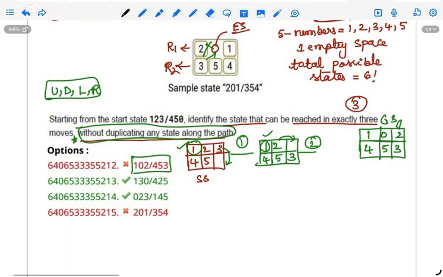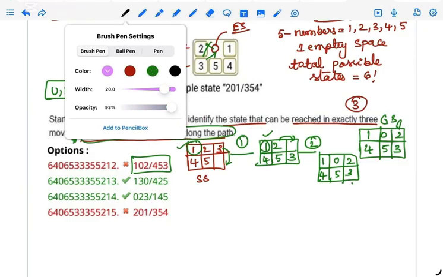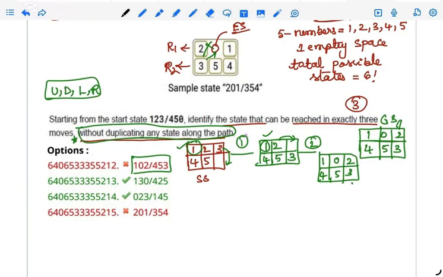So 1 2, move 2 here, 0 3 5 4. We reached this state, but the number of moves is only 2. Because of that, this is not the correct answer.